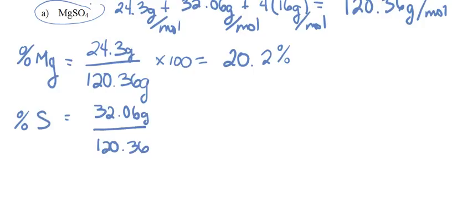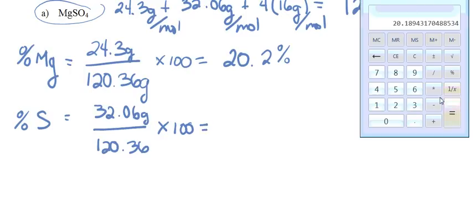You can find the percent for any number of moles, but it's a little more work, and it's much easier if you just use 1 mole of the substance. So we have our mass of sulfur, which is 32.06, and I'll divide that by the total mass, 120.36, and then multiply that by 100.